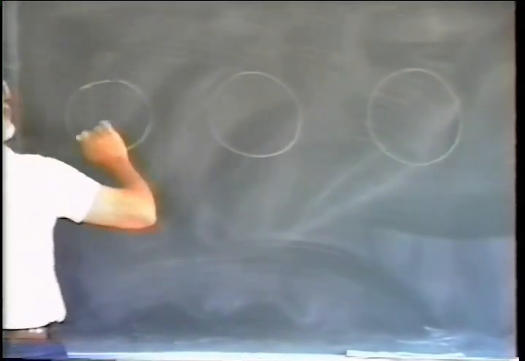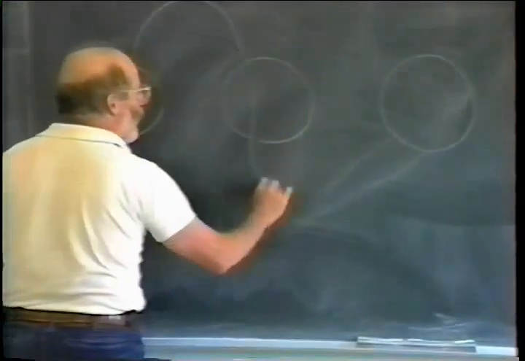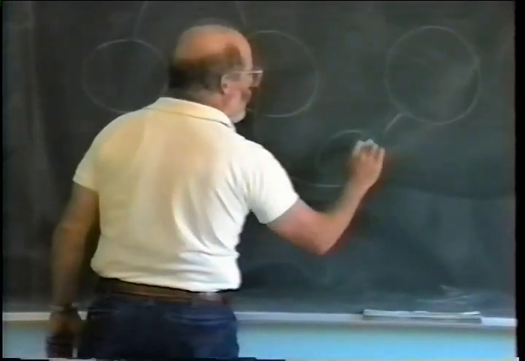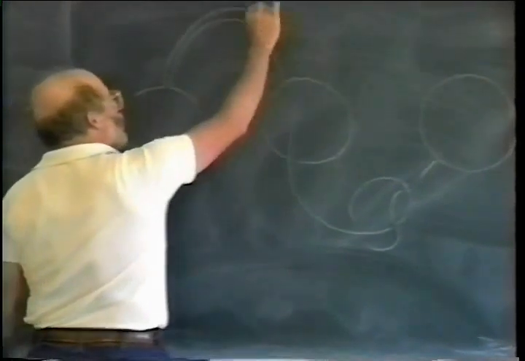So a ribbon is the following object. It's a curve which runs around, and it might have a knot in it. And then you thicken it up so that it actually does look like a ribbon.